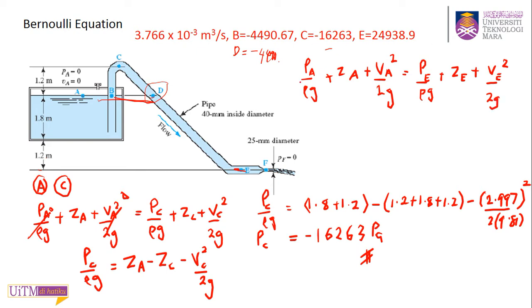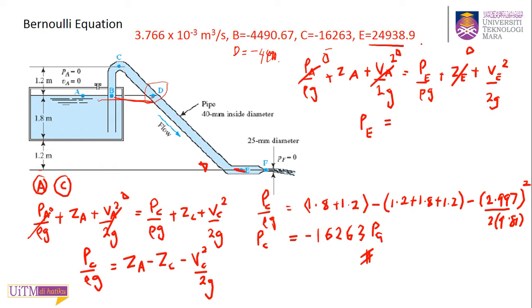Okay, so similarly, you cancel out PA, which is 0, and VA is also 0, and ZE is 0 because it is at the bottom line and this is your reference point. So you have your VE, you have your ZA, and you can find your PE here. How much is PE here? If you calculate, do you get the same as the answer above?